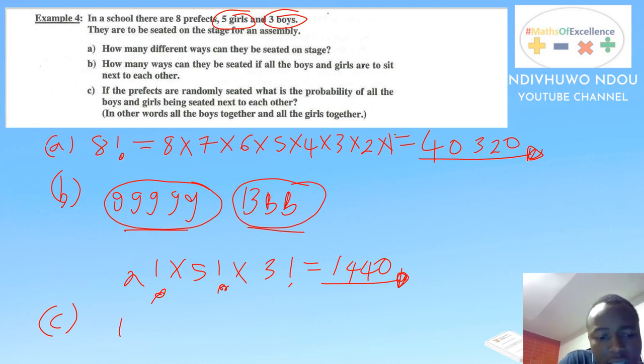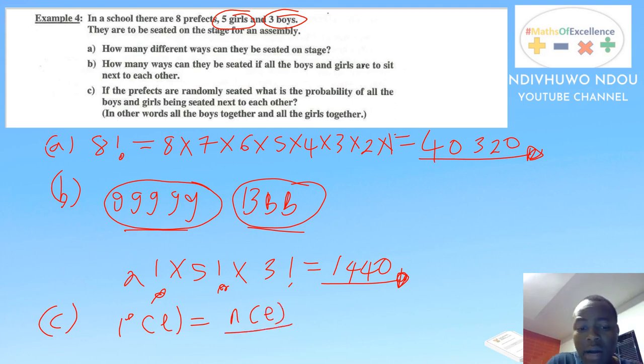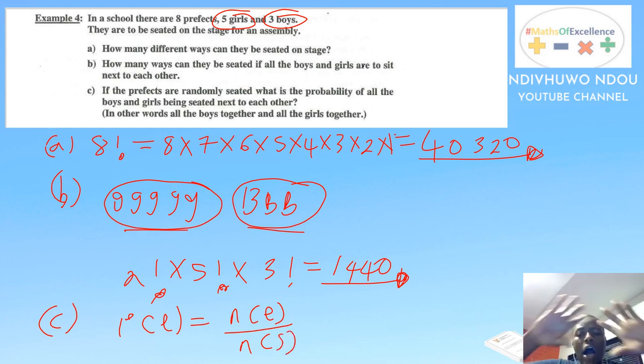We know that the probability of an event is equal to the number of favorable outcomes divided by the total number of the sample space, which in this case is the total number of ways in which you can arrange all people.